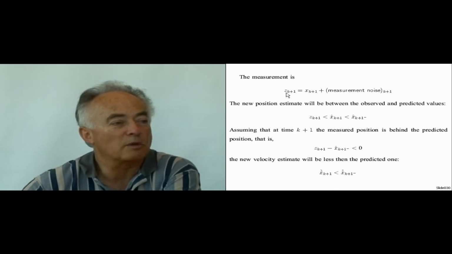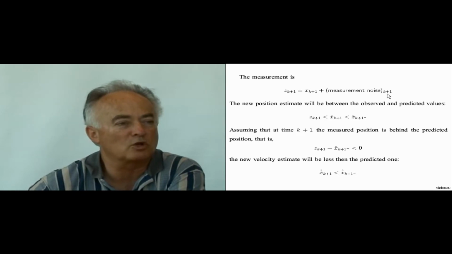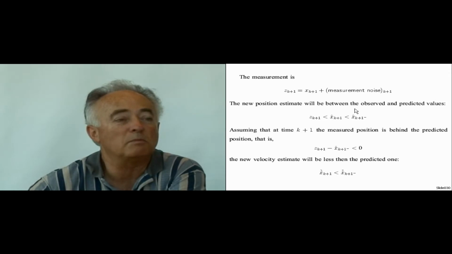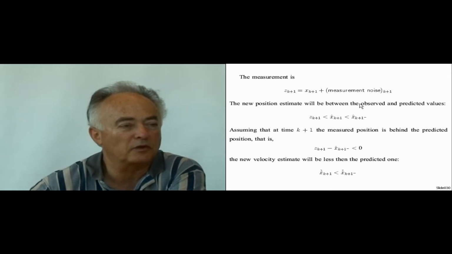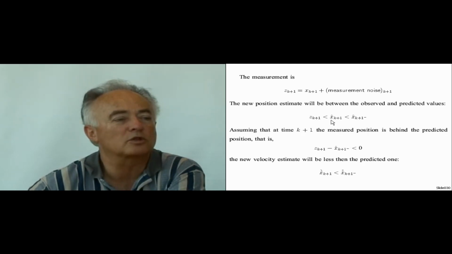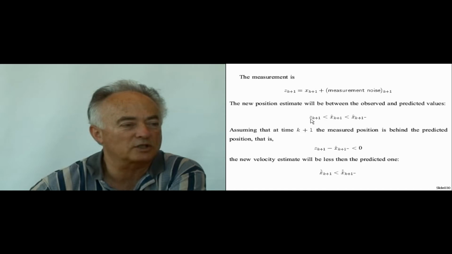And here is the measurement. z k plus 1 is x k plus 1 plus the measurement noise at k plus 1. And the new position estimate will be, as indicated before from the figure, between the observed and the predicted values. So the x hat k plus 1 minus will be lowered to an x hat k plus 1, which is somewhat larger than z k plus 1.